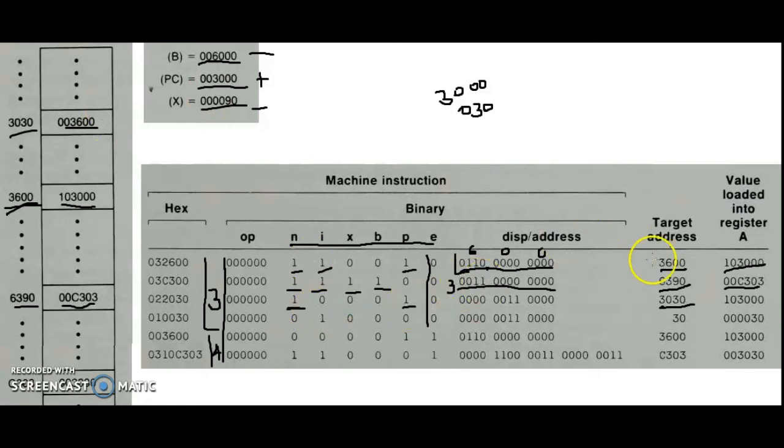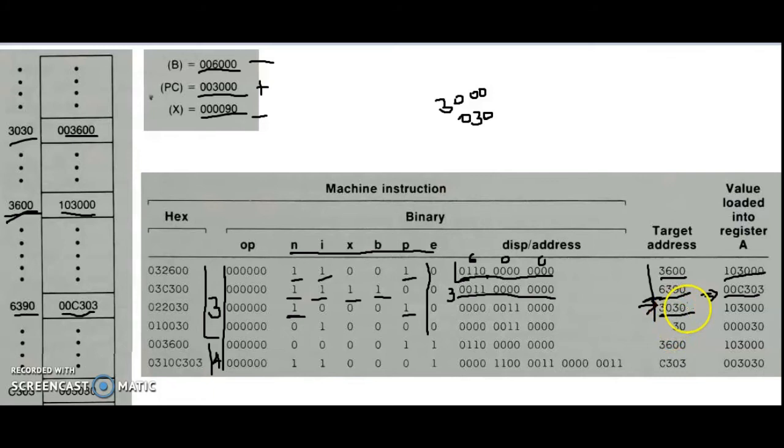In the first three cases, you got the value directly from memory. In the third case, 3030 will be having some address, that is 3600, where the actual value is being stored.